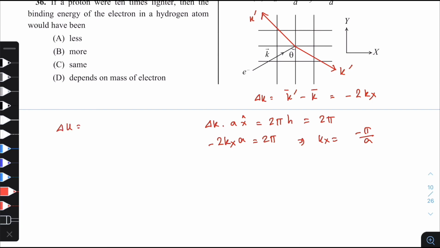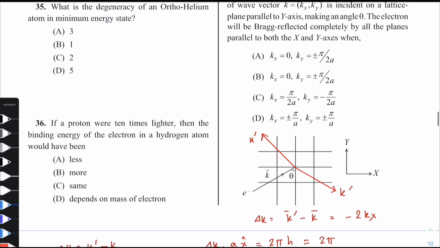So delta k is equal to k prime minus k, and this is equal to minus 2 k of y. So again using Laue's equation, minus 2 k of y dot a of y is equal to 2 pi l is equal to 2 pi, or k of y is equal to minus pi by a. So if we see the options, option D is the correct answer.